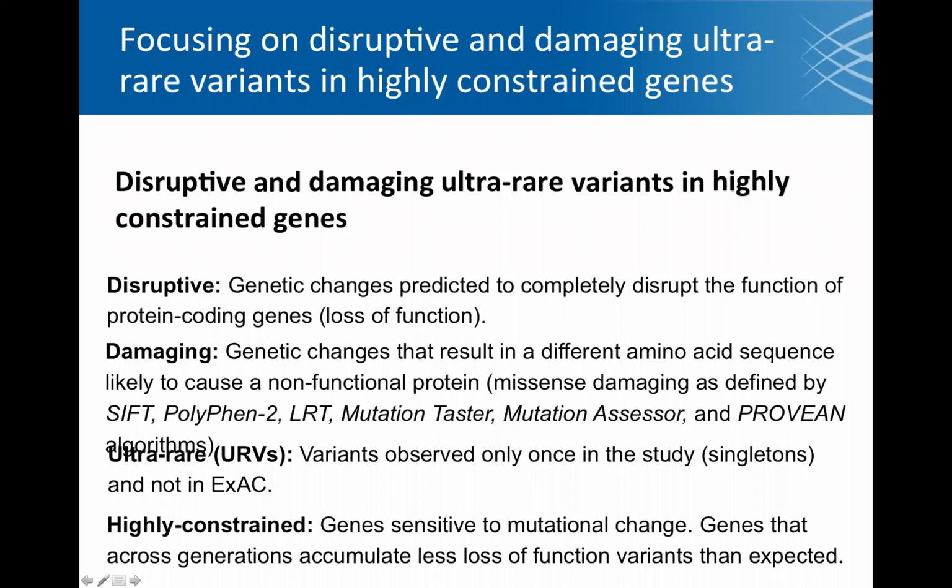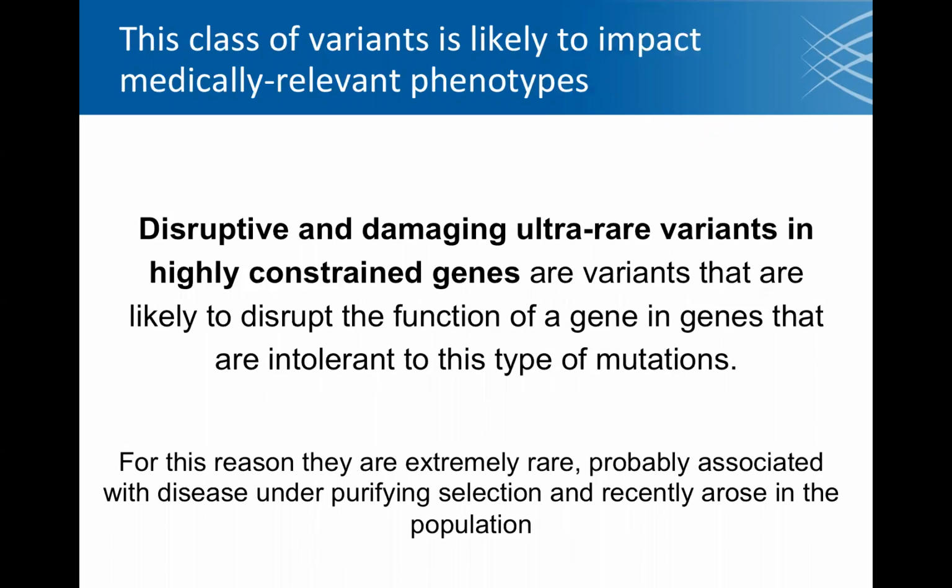And finally, I look at highly constrained genes, just genes that are sensitive to mutational changes. This is work by Jack, Kathleen, and Mark Daly. So these are genes that across generations accumulate fewer loss of function variants than what is expected under a neutral model.